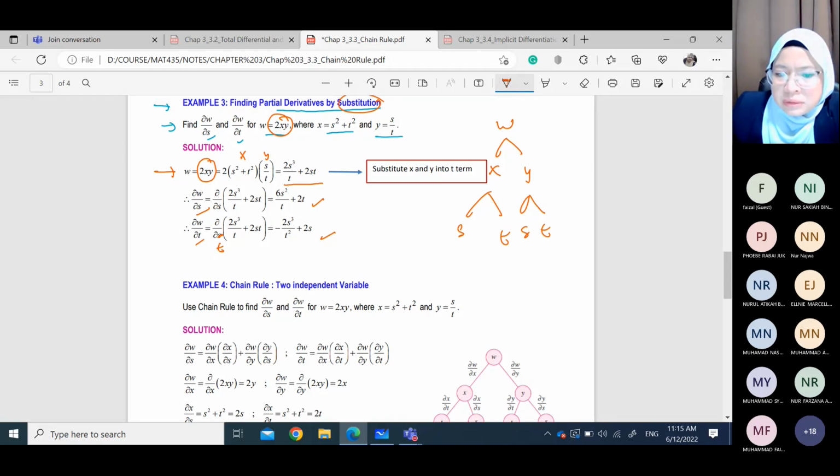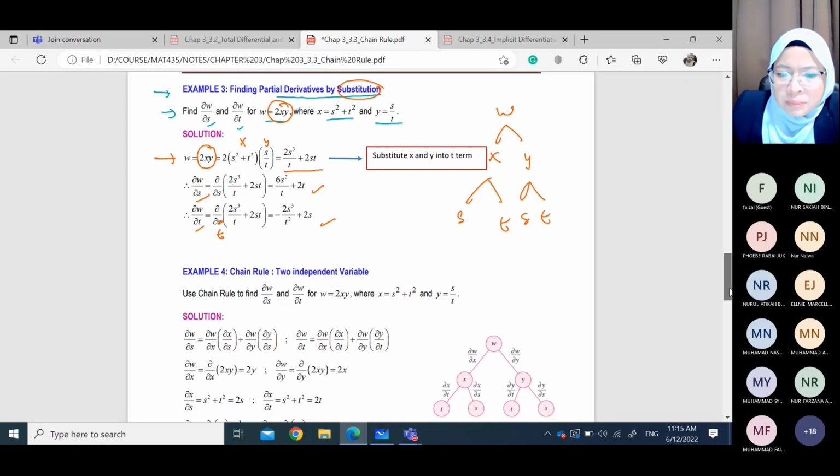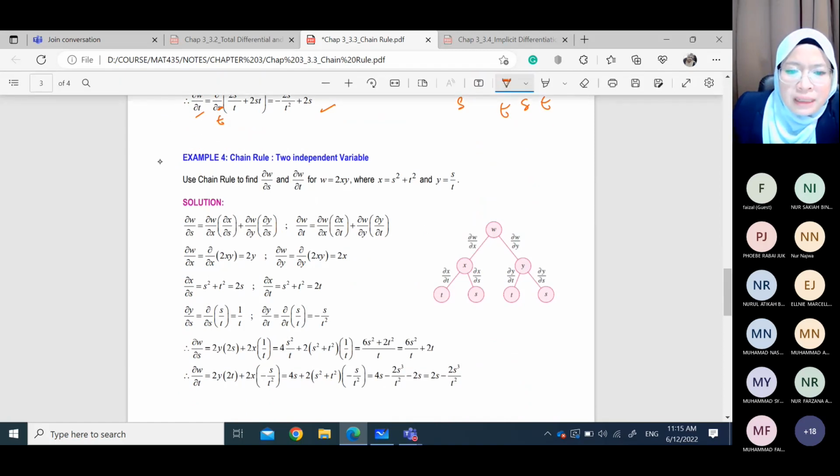And in this example, example 4, dalam example 4 ni, we apply chain rule, which involve two independent variables. Okay. So this is the diagram. So we use this formula, del W del S equivalent with this one, del W del T equivalent with this one.